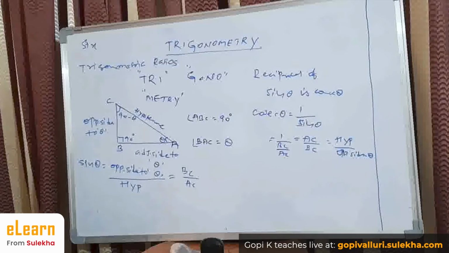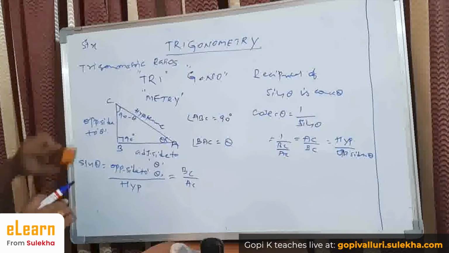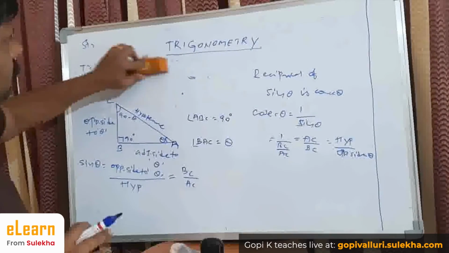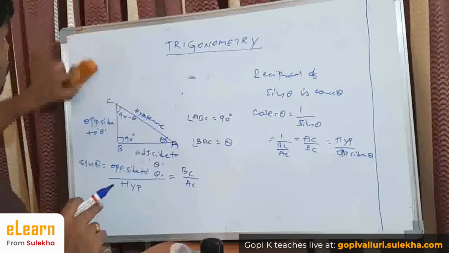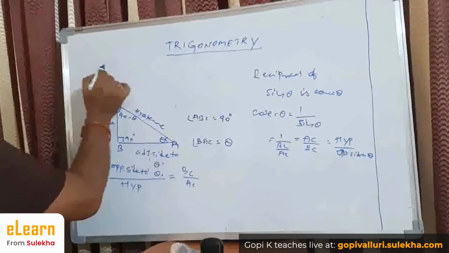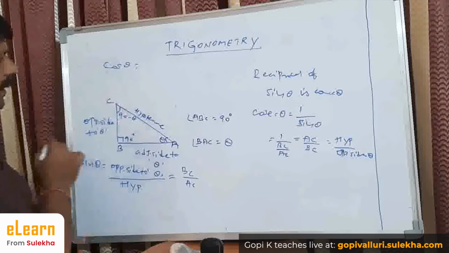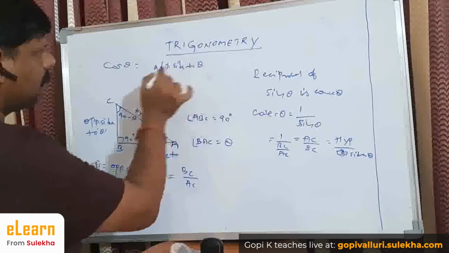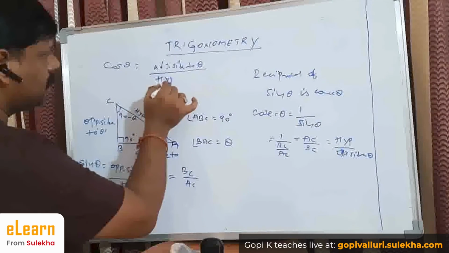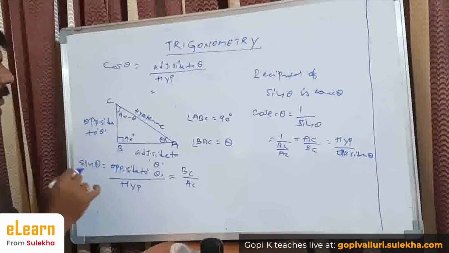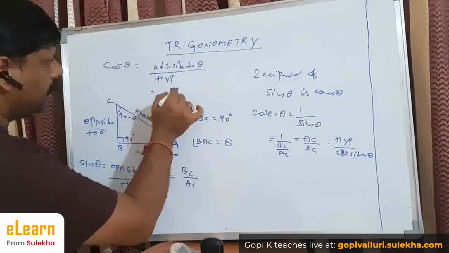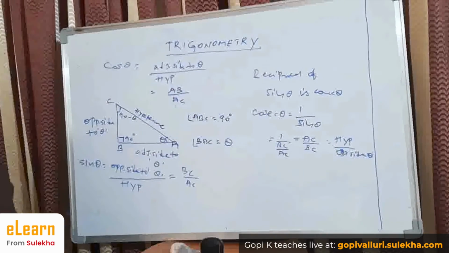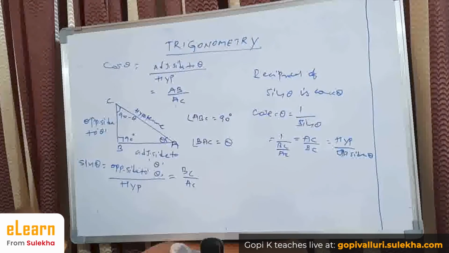Similarly, I can write cos theta. Cos theta is the adjacent side to theta by the hypotenuse. In this figure, the adjacent side to theta is AB and the hypotenuse is AC.